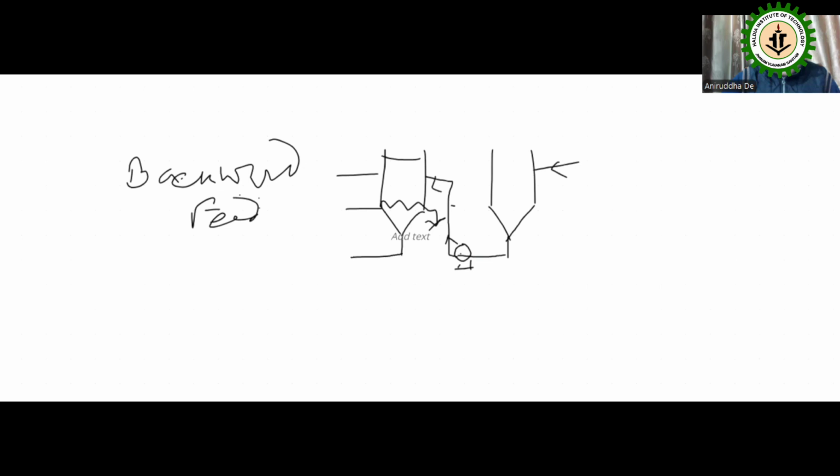This is the final product, and here the steam is provided. Whatever vapor it produces will be entering here, where condensate will be obtained and vapor will be produced. So this is the steam.